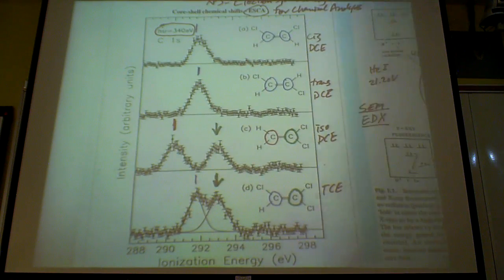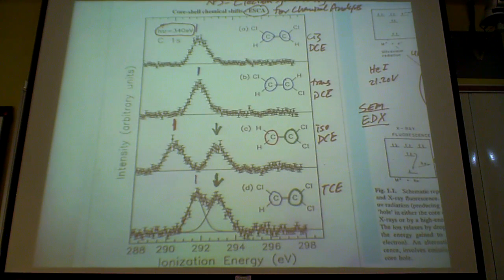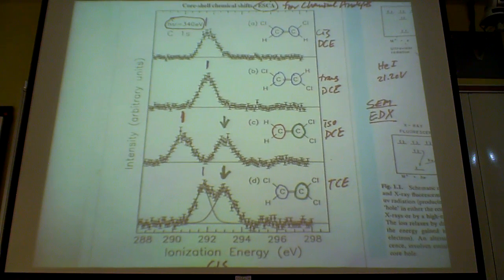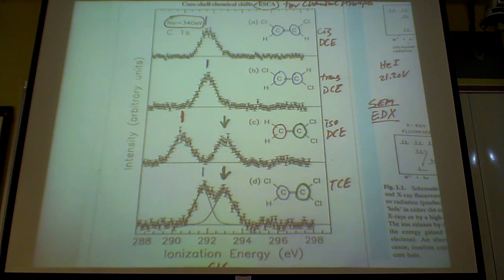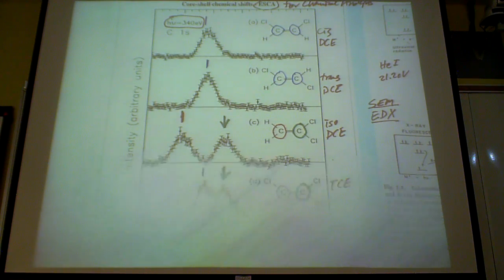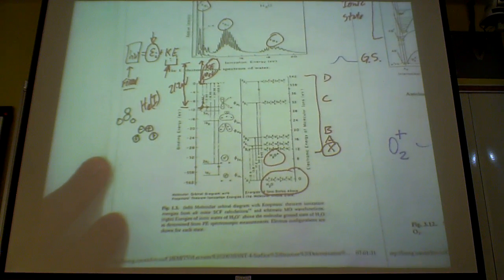But in the late 60s, the Swedish group of Kai Siegbahn discovered that you should worry about this, because the ionization, the location of the core hole, depends on the molecular field. Let me go back to this water example.